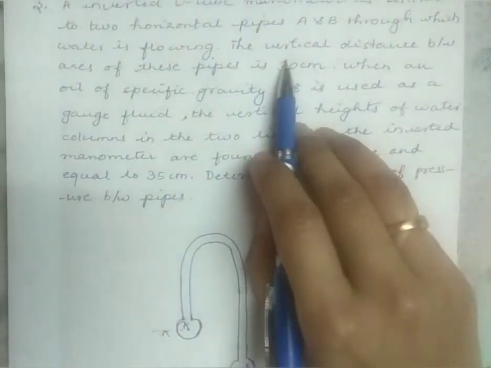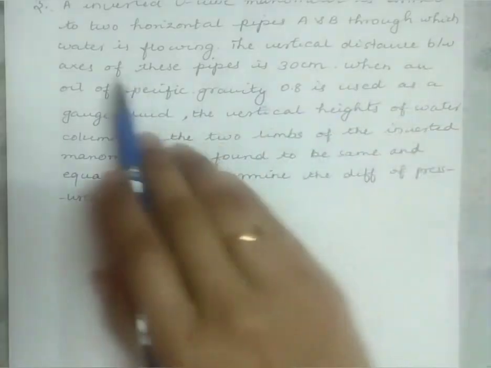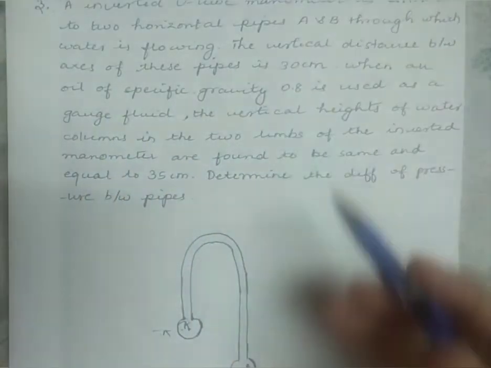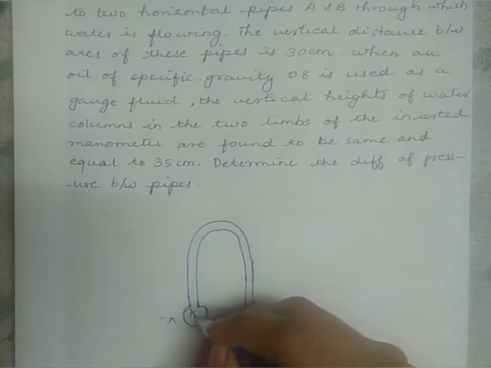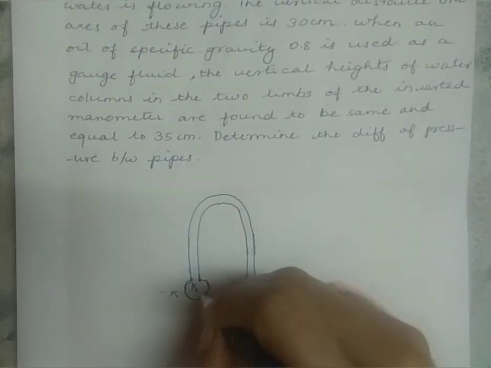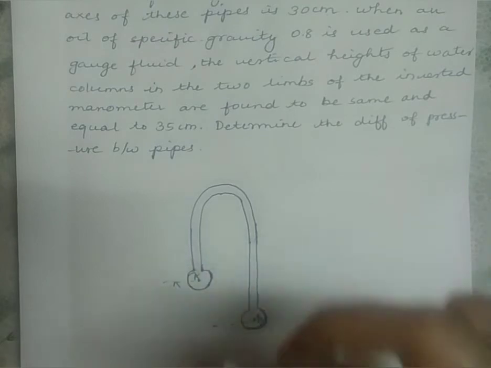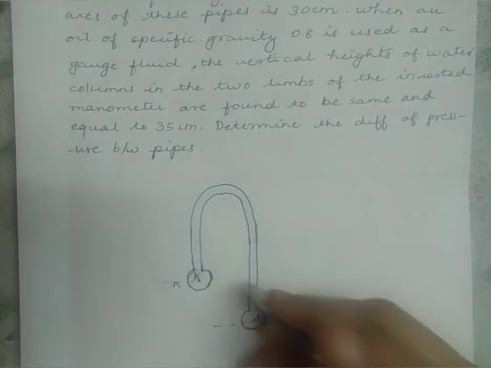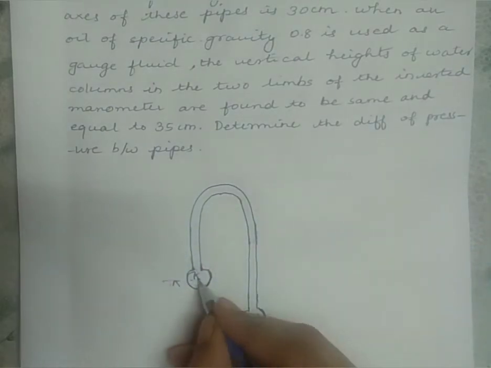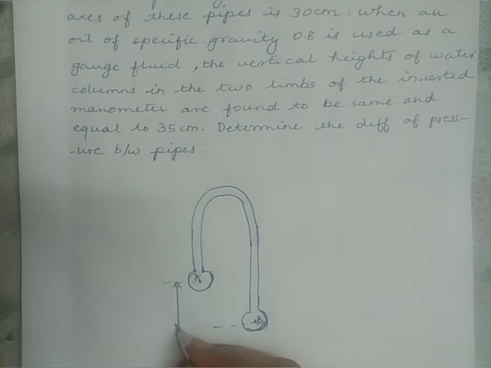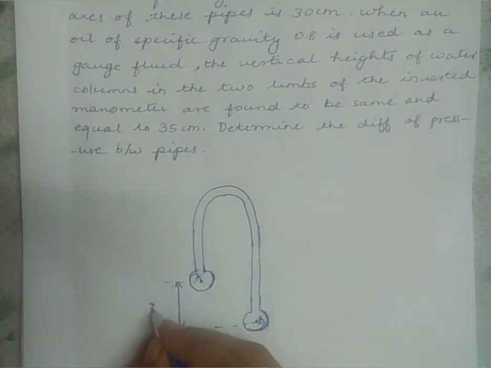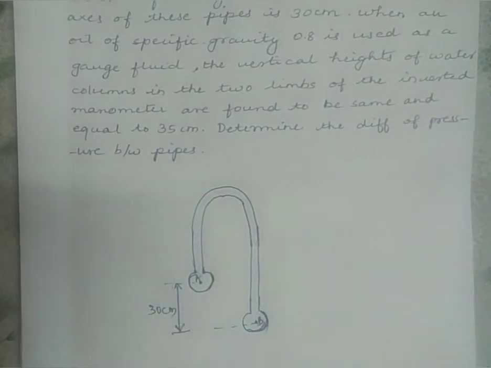That is the vertical distance between the axes of these pipes. What is the axis? It is the line which is passing through the pipe. So this is the axis of the first one, and this is the axis of the second pipe. So the vertical distance between these two pipes is 30 centimeters.